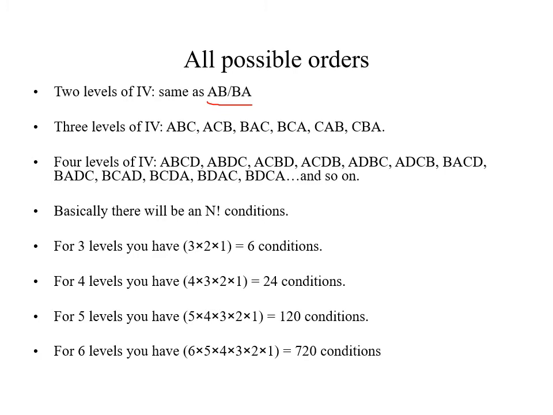So these are all the possible orders within the entire study. And when we have four levels of the independent variable, then you get ABCD, ABDC, ACBD, ACDB, and so forth. All right, so basically you are going to get these conditions.